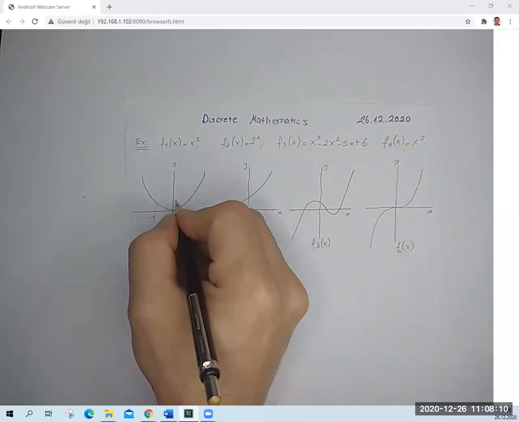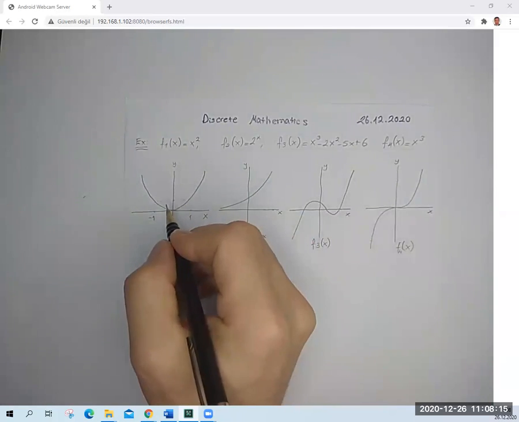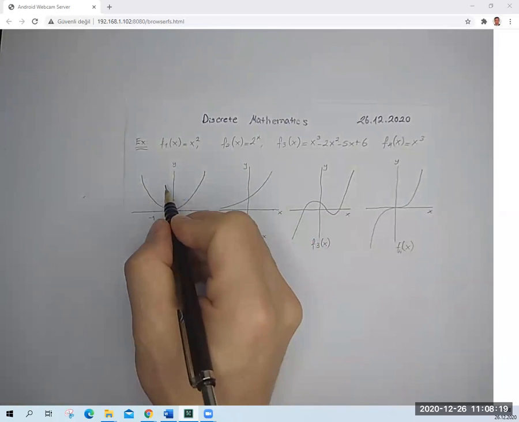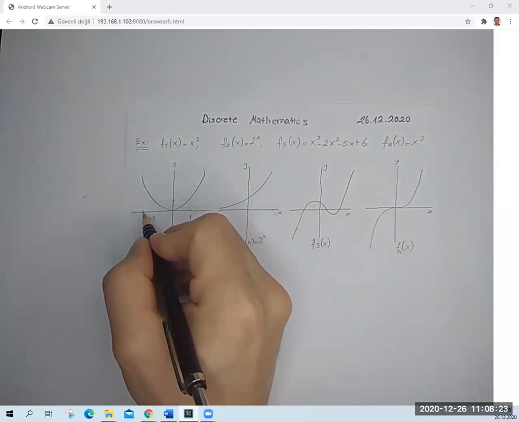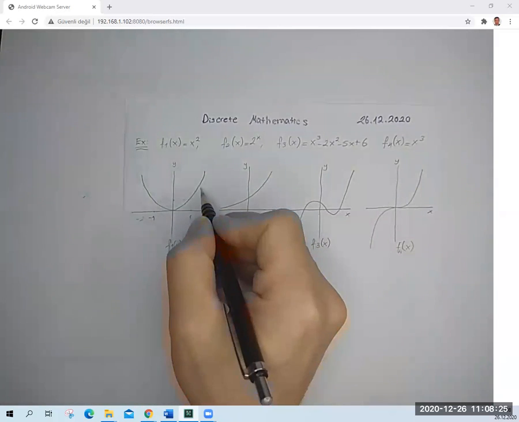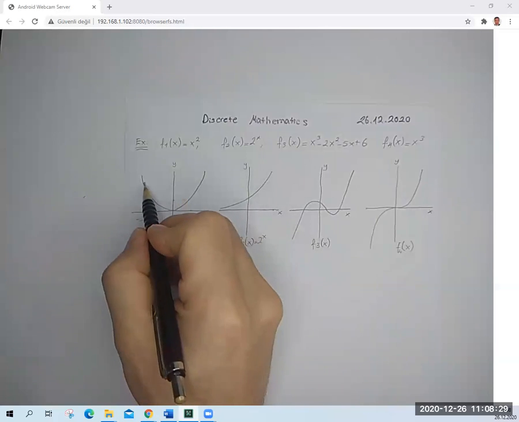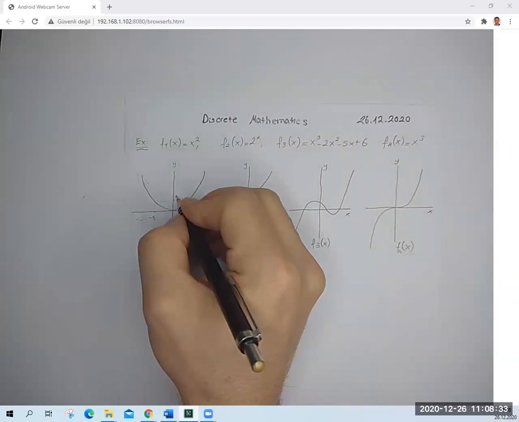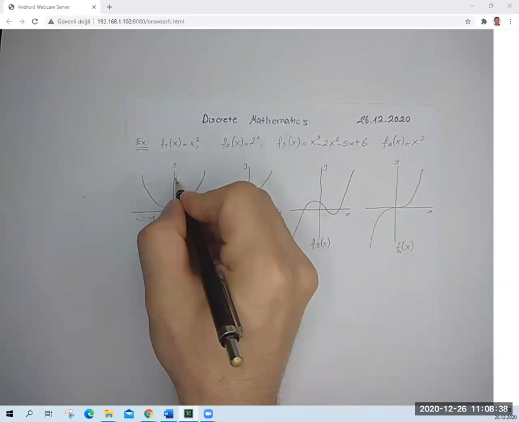Both are going to come to a point at about 1, right? If you put minus 2, it is going to be 4. Okay, minus 2 and 2 are here, and both are going to 4, 1, and 4.